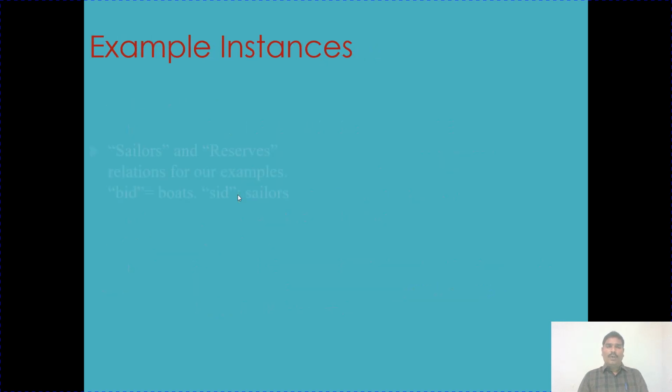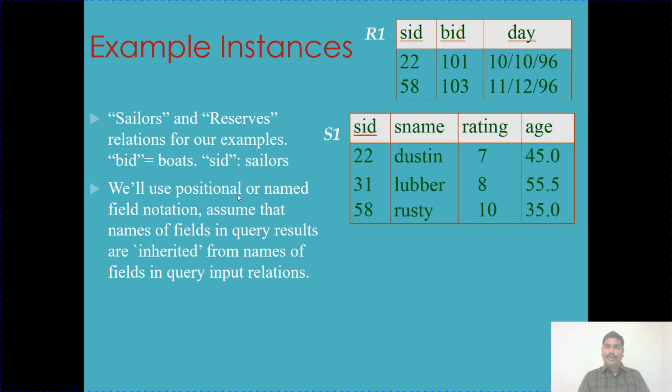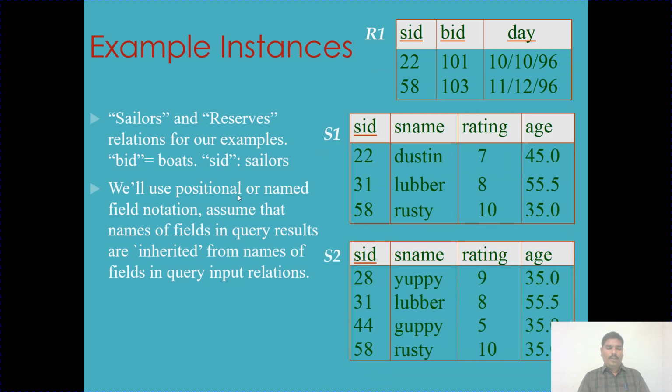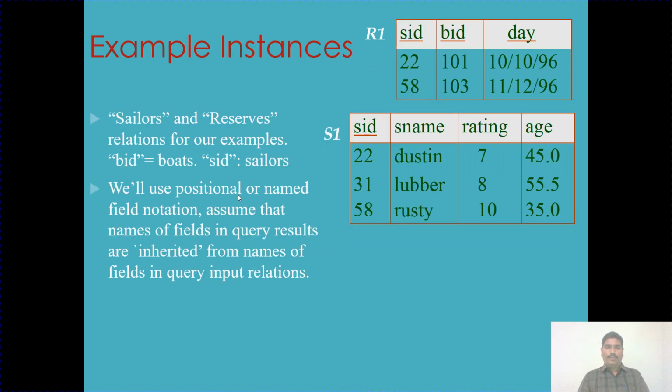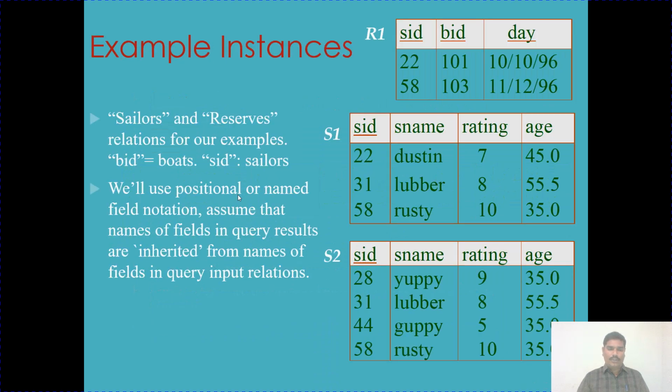Now here again I have to take this example: R1 table, S1 table, and S2 table. First, joins. What is the join? See these three tables, only take them as examples. R1 is the reserve table, this is the Sailor table 1, and this is the Sailor table 2.